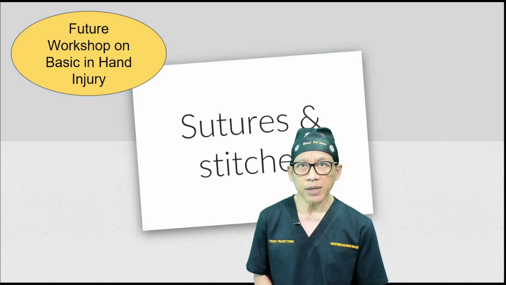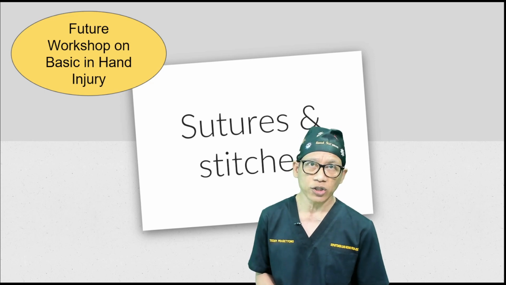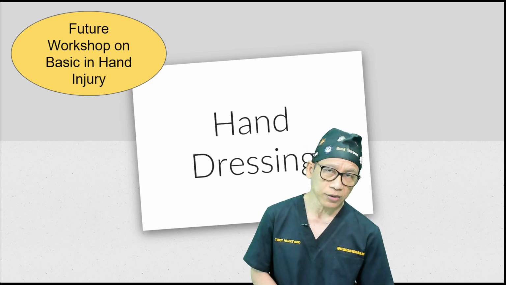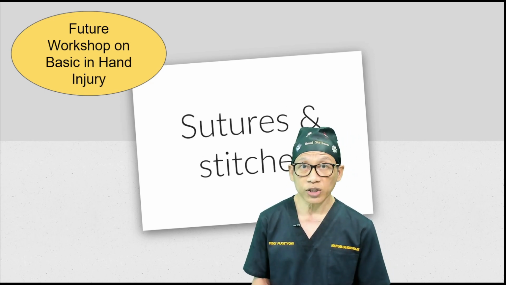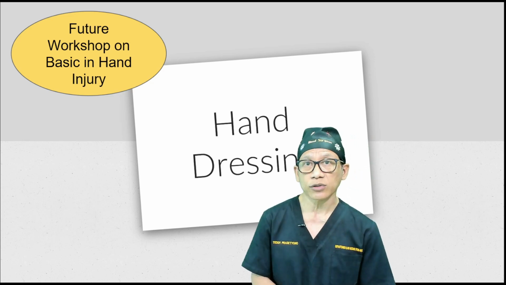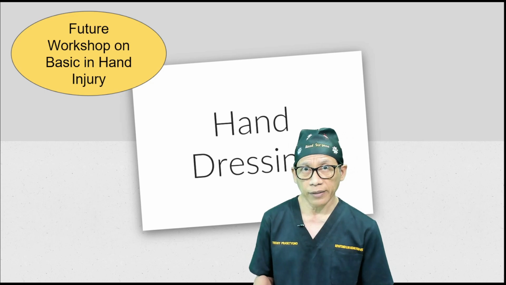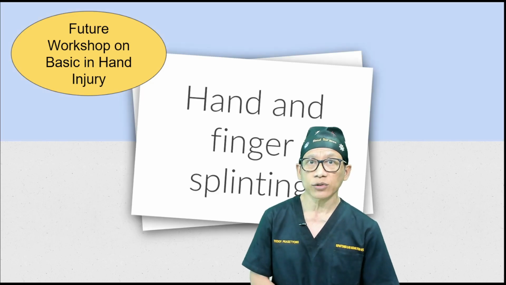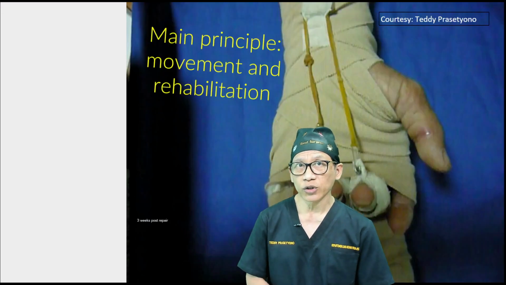Maybe in the future you could have a workshop on suturing, and also splinting and stitches. Of course, sutures and stitches are the same. And then hand dressing and splinting would also be good for you to understand.